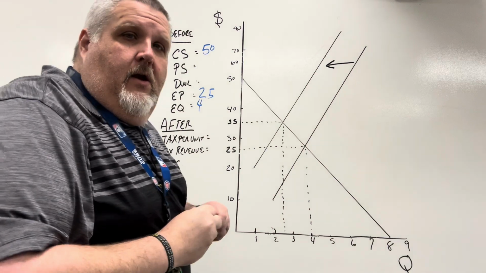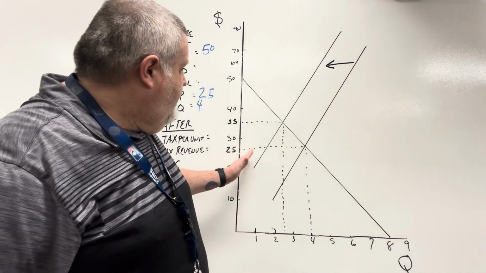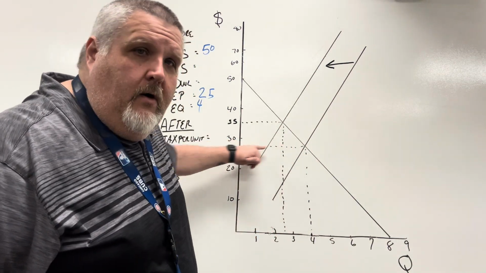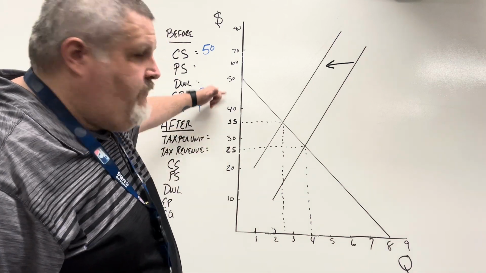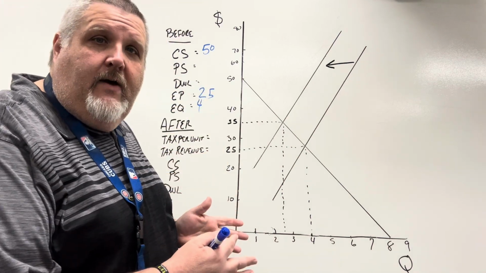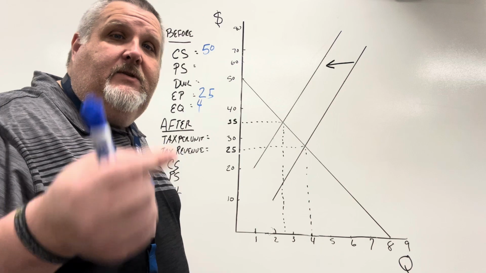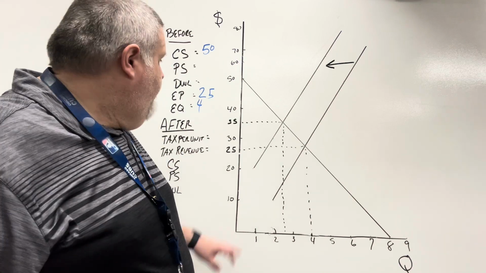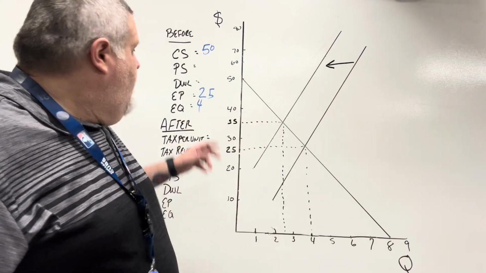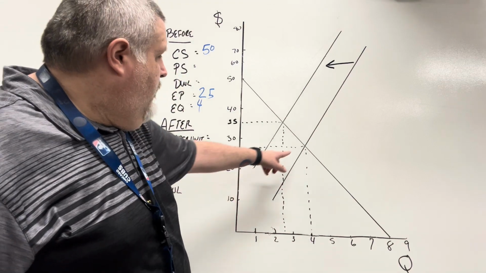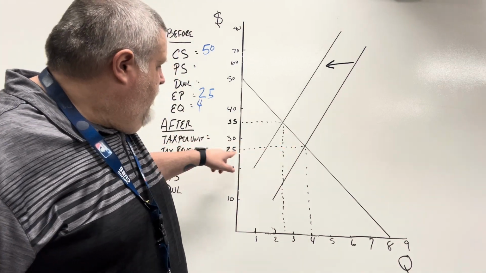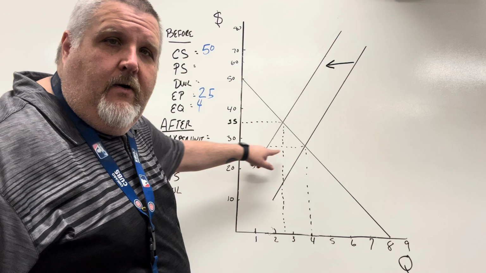Okay, and again, what did we do there? The base, 4, times the height, 25, divided by 2. Base times height divided by 2, that's our area of a triangle, right? So 50, okay? Now, we want to find the producer surplus. Well, we're going to do the same thing here, okay?